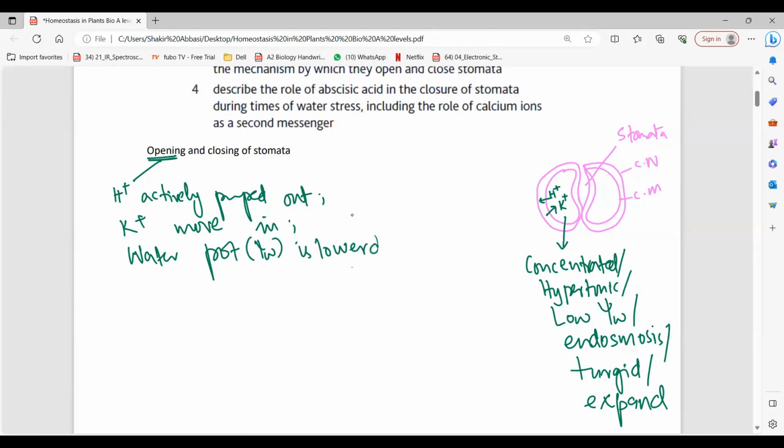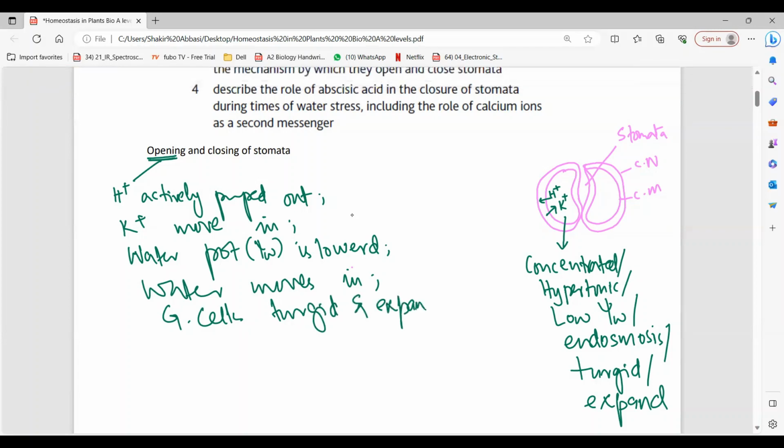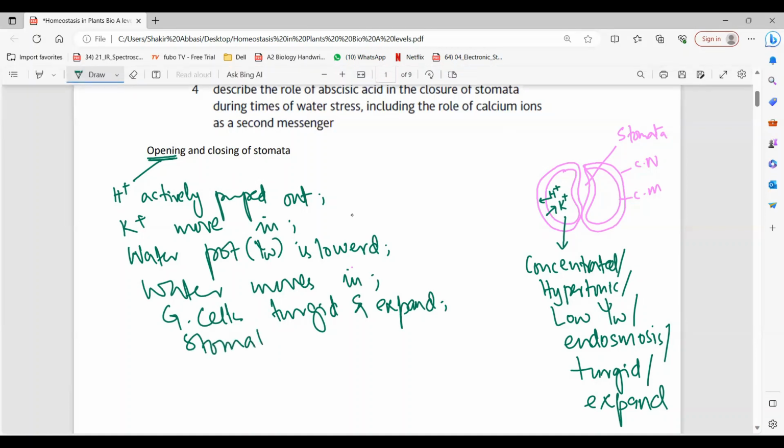When water potential is lowered, then obviously water moves in. When water moves in, guard cells get turgid. When guard cells get turgid, they expand. And when they expand, stomata open. Right? This is how stomatal opening occurs.